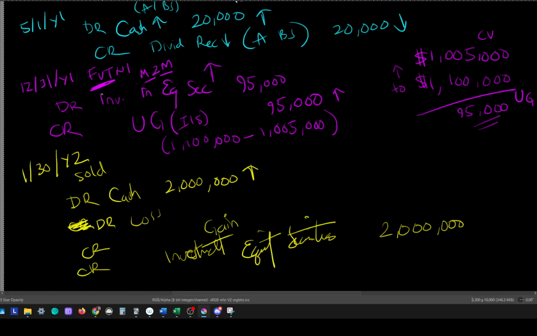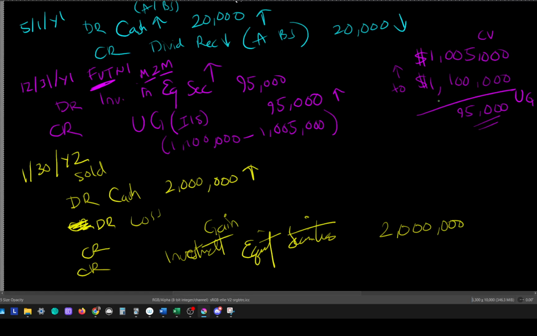And then at the end of the year, what do we do? Under the fair value method, also known as the mark-to-market method, we have to increase the investment in equity securities by the amount of this unrealized gain. How do we calculate that it was a gain? Well, the carrying value of the investment, including the brokerage fees, was $1,005,000.